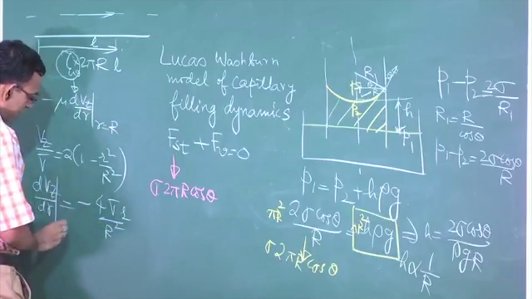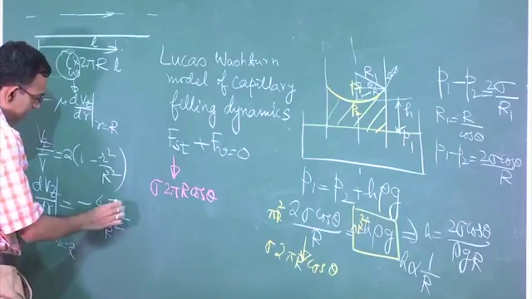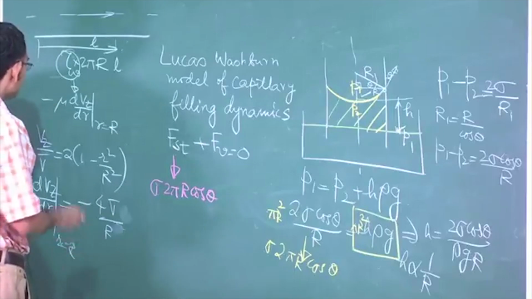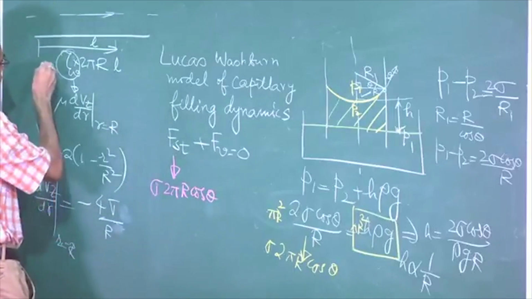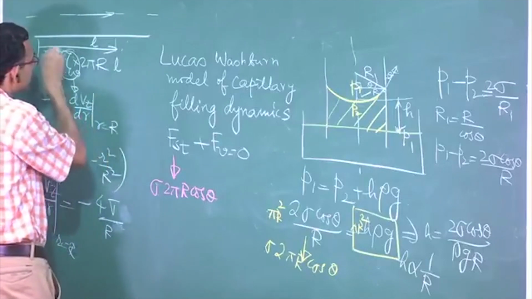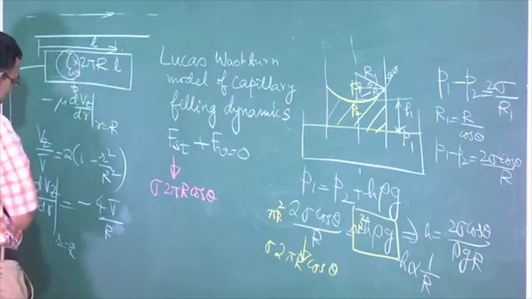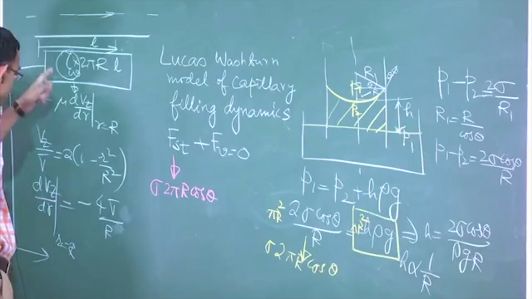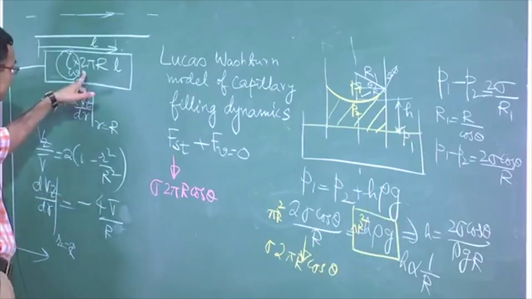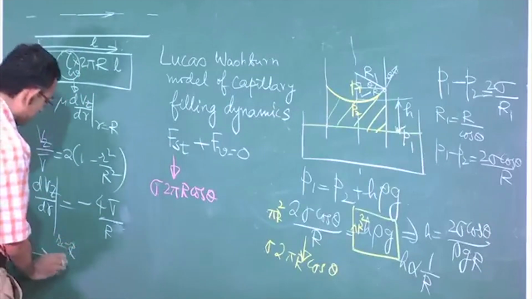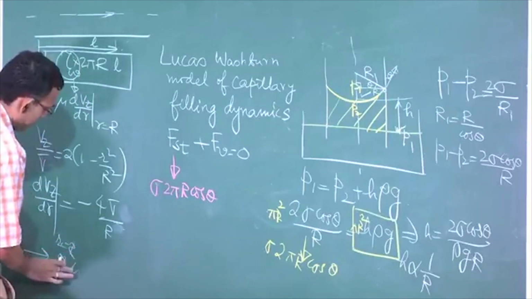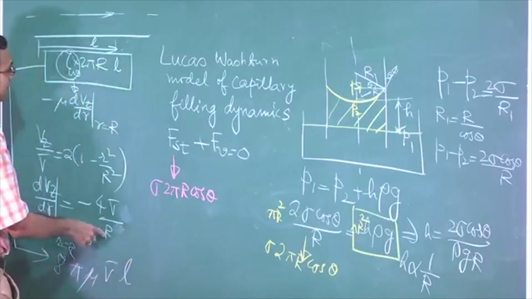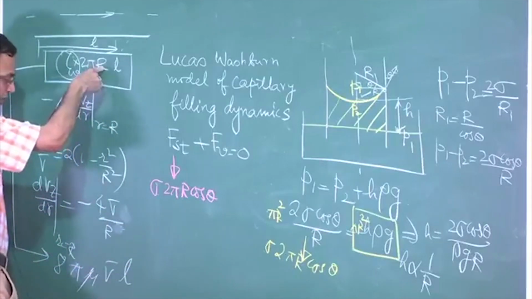So, dVz dr at small r equal to capital R is minus 4 V average by R. So, this total expression becomes 4 into 2, 8 pi mu V average into L. This division by R and multiplied by R, they get cancelled out.